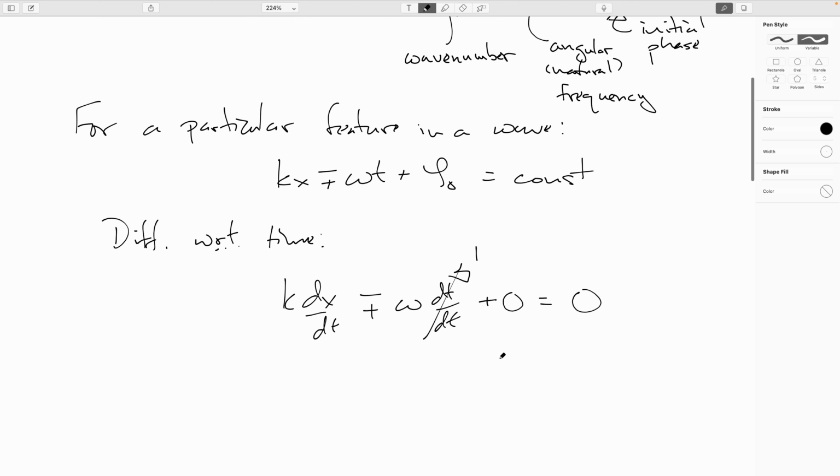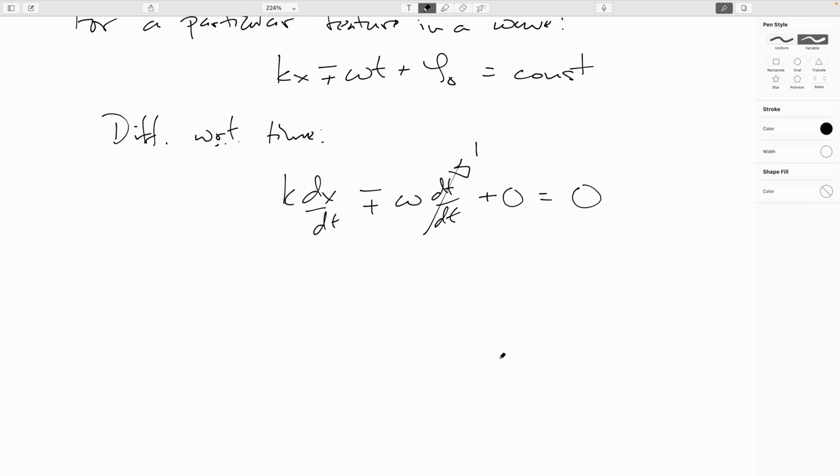All right. So dx dt, though, I can interpret as the velocity of the crest of the wave, or whatever other feature it is we're tracking. So I can say this is kv minus or plus omega equals 0. So rearranging, I have to either add to cancel the minus or subtract to cancel the plus to both sides.